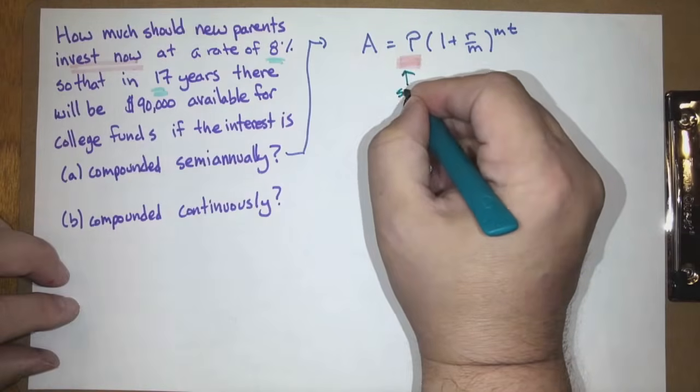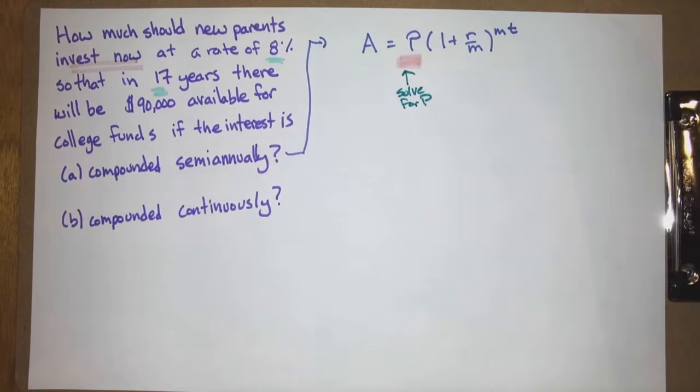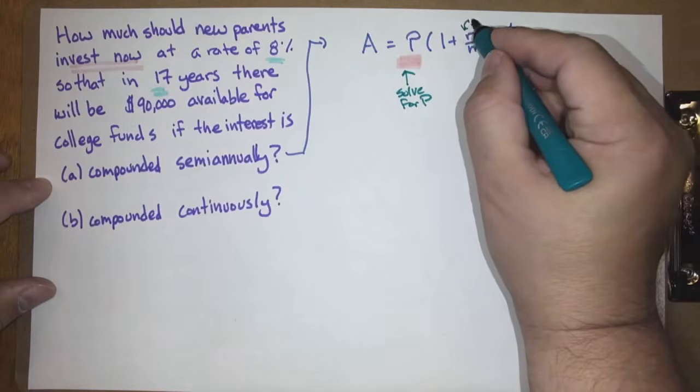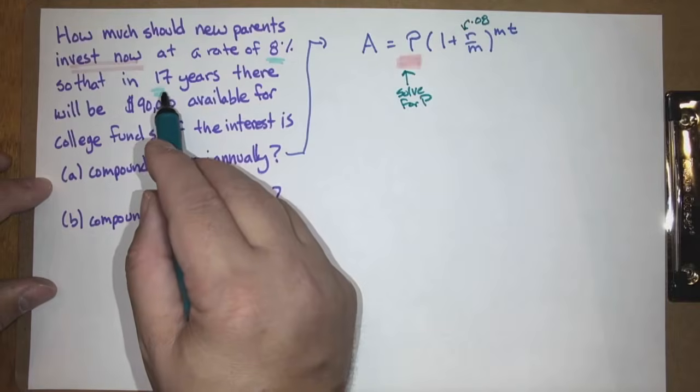Now, we have a bunch of numbers here. Let's just go through and fill those in. 8%, where does that show up in our formula? Shows up as R, and we convert it. So that's 0.08. 17, that's a number.